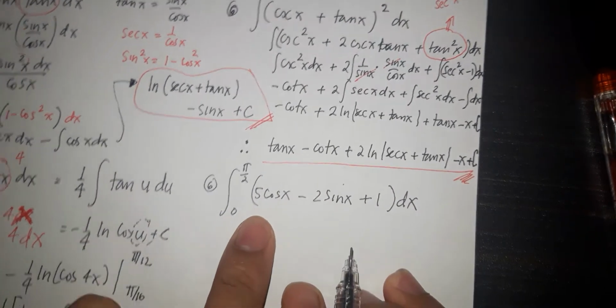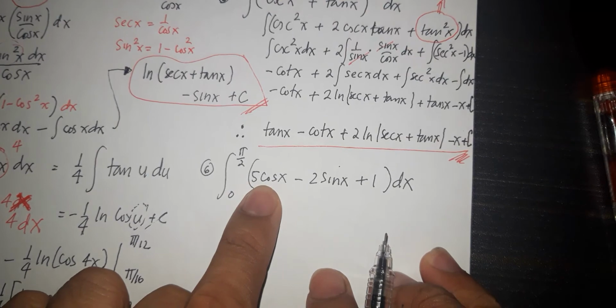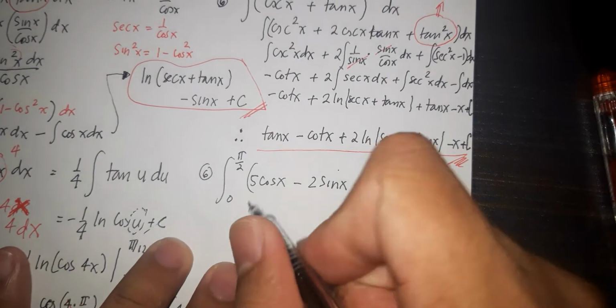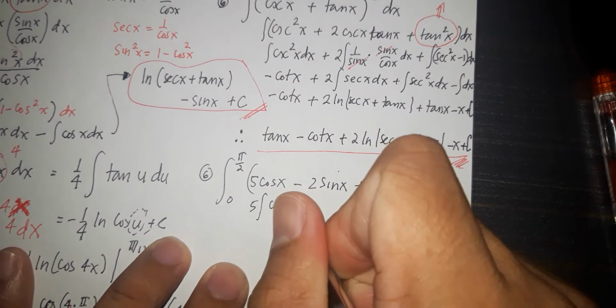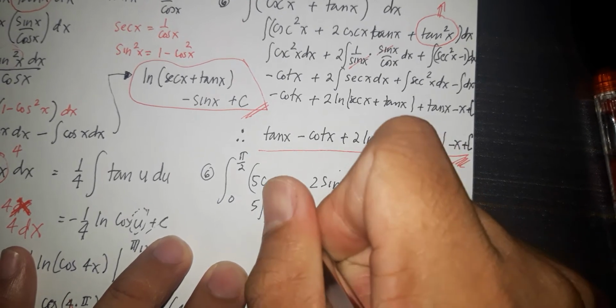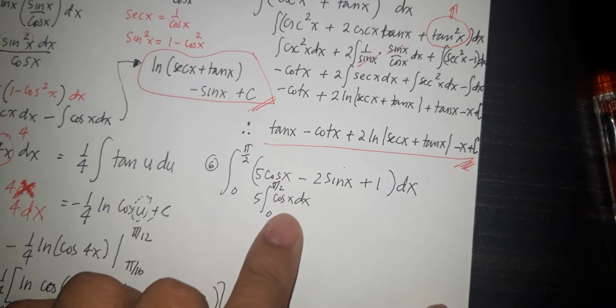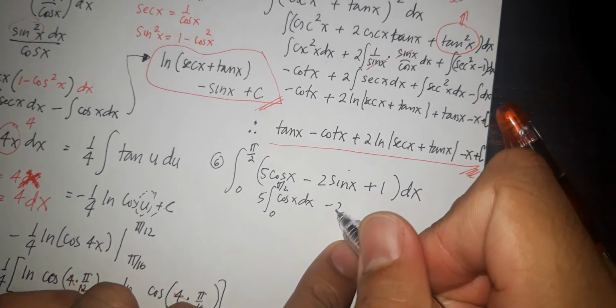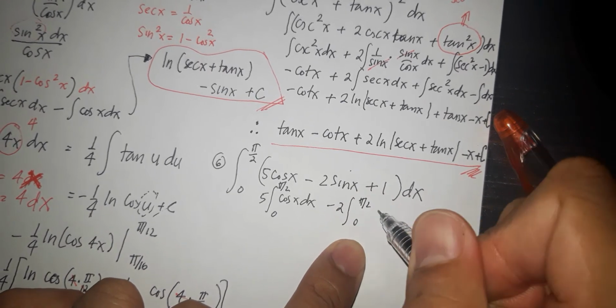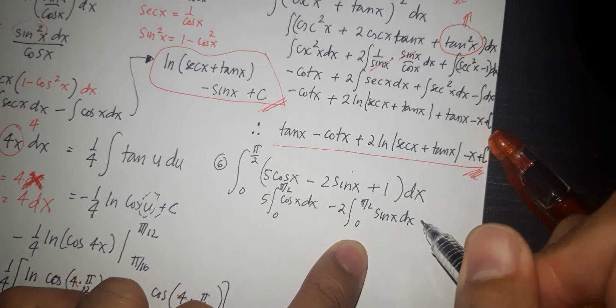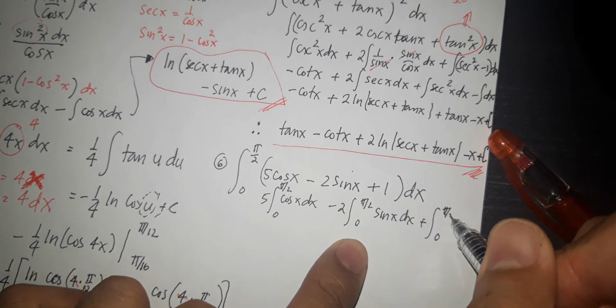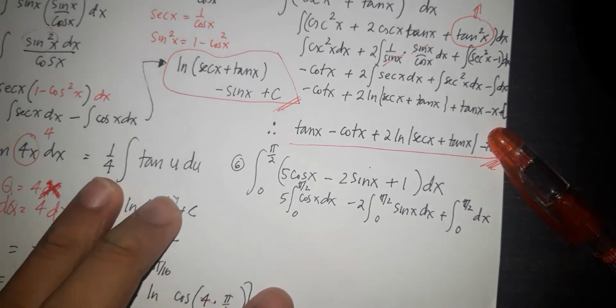So, for this number 6, all I need to do is to distribute. So, magiging 5 integral of cosine x dx, that's from 0 to pi over 2, minus 2 integral from 0 to pi over 2 of sine x dx, plus integral from 0 to pi over 2 of dx.